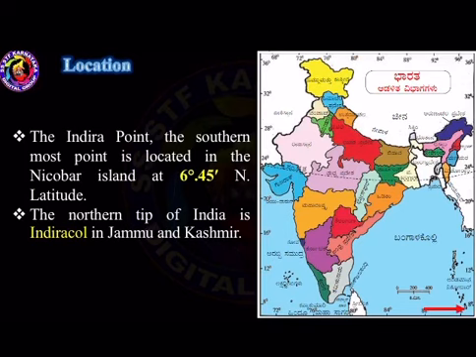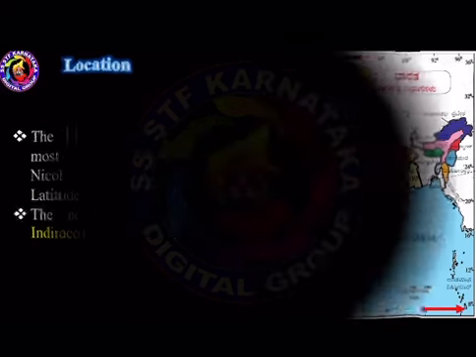Then we have the northern tip, which is called Indira Col, which is in Jammu and Kashmir. Students, you can see in the picture an arrow pointing to this particular location.